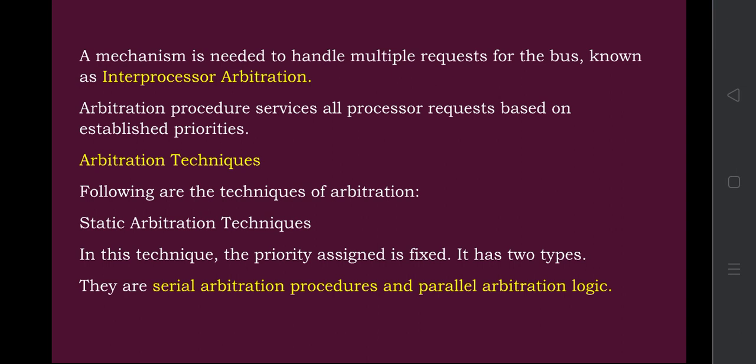As the names imply, serial means the priority is given one after another, and parallel means the priorities are handled together. That is the difference between the serial and the parallel arbitration logic, but both come under the static arbitration techniques. That means there are some priorities already fixed by the procedure.